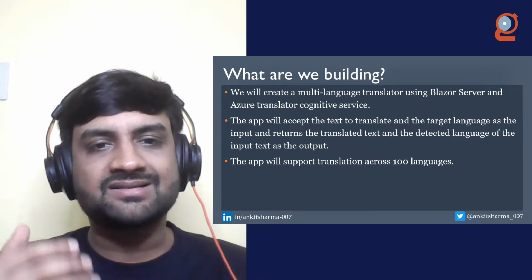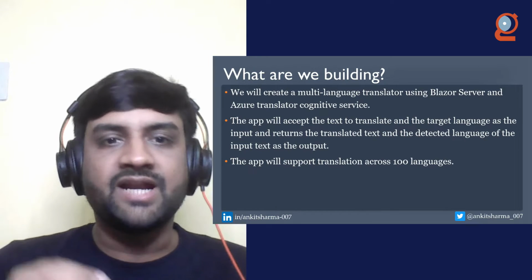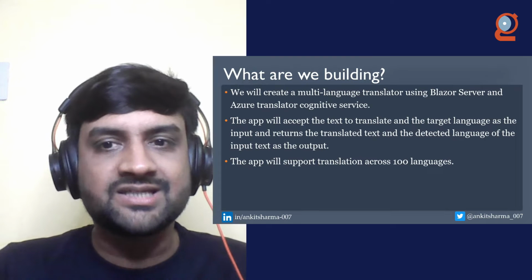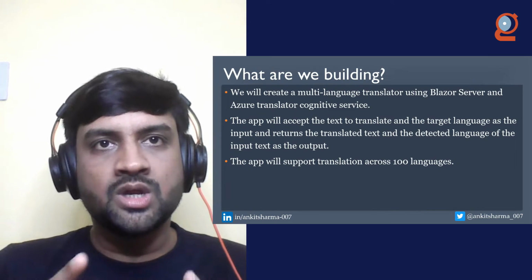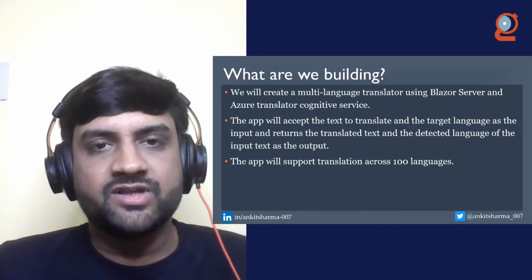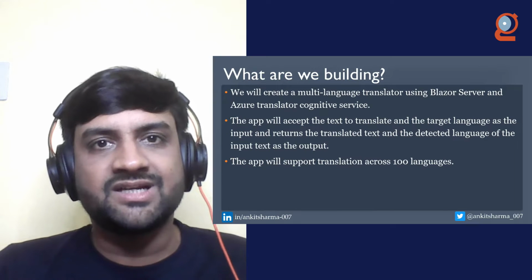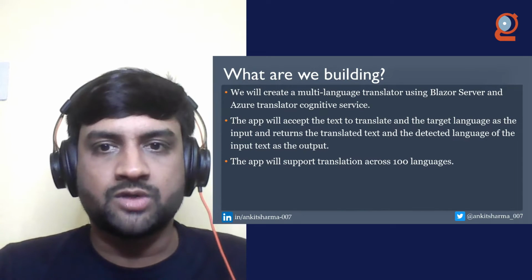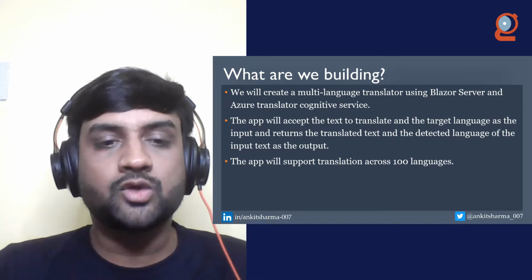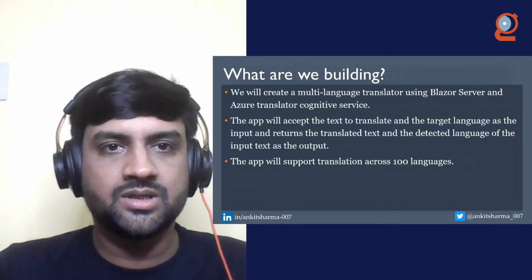The app will accept the text to translate and the target language as input, and it will return the translated text and the detected language of the input text as output. So if you don't know the language of the source text, the API will also return the language it detects. And we are going to support translation across more than 100 languages.